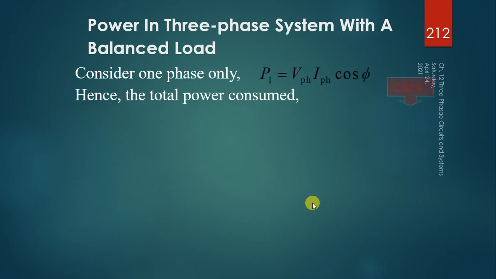So let us calculate power in case of a three-phase system. Power is denoted by P. Generally in terms of watts it is V phase into I phase. We are considering only phases, not the lines, right? Into cos phi. In any case of alternating current circuits, this cos phi will be there, right?